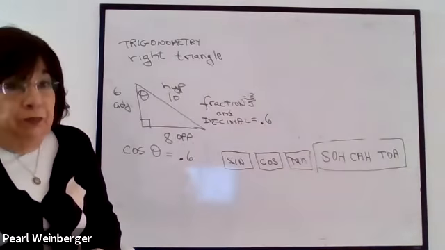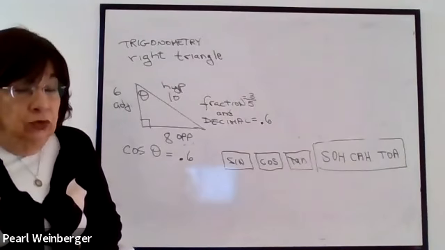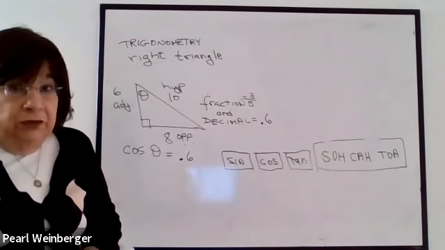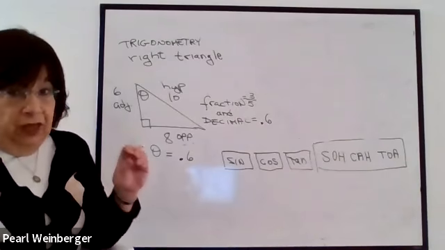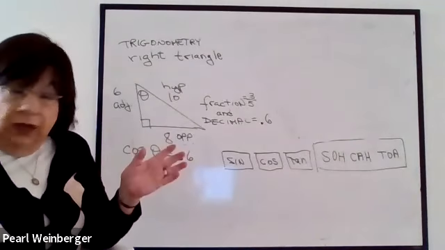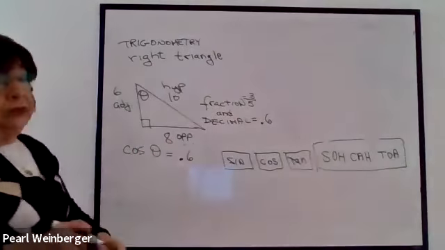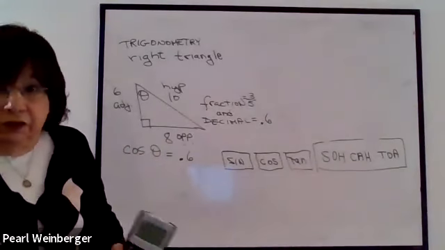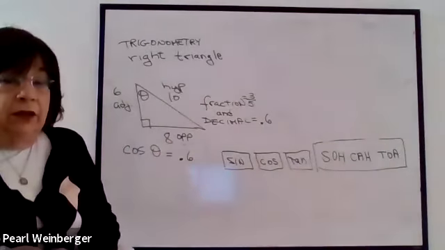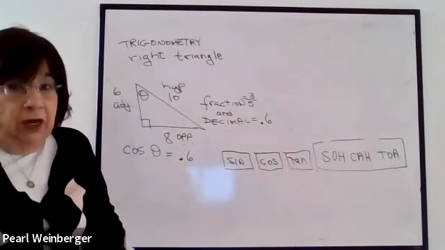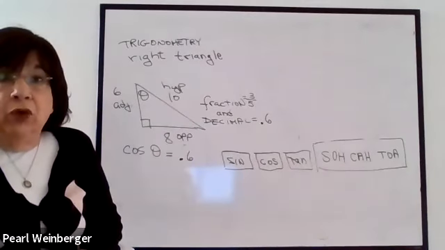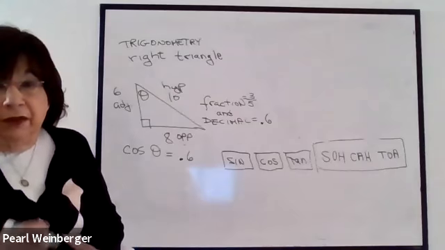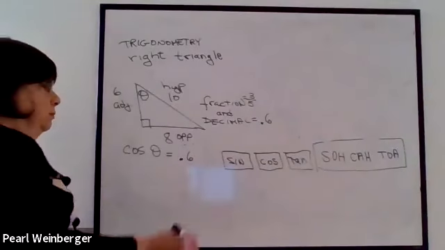Now, one of the things the button can do is, if you give it a value for, let's say, the cosine, say we know the cosine is 0.6, it can give us, and this is stored in the calculator, it's not something I could figure out, it can tell you what angle goes with that. How do you do that?